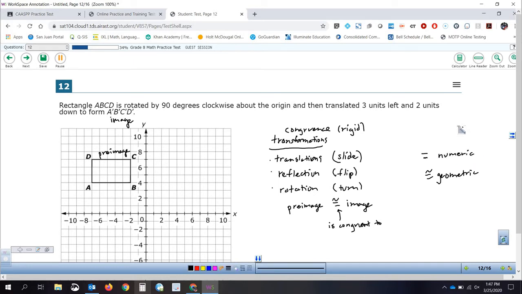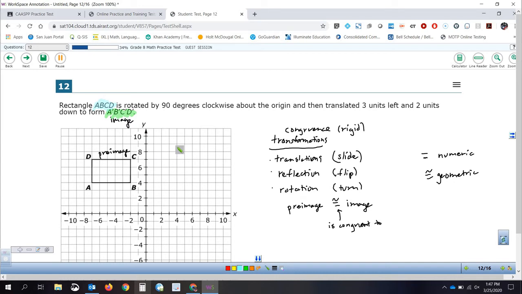Sorry guys, doing my best here. Sometimes we get sloppy and use the term equal for geometric objects, but congruent means that the object is exactly the same, just like equals means the numbers are exactly the same. So when I'm done, my final image, which they have called A prime, B prime, C prime, D prime, is going to be congruent to my pre-image A, B, C, D.